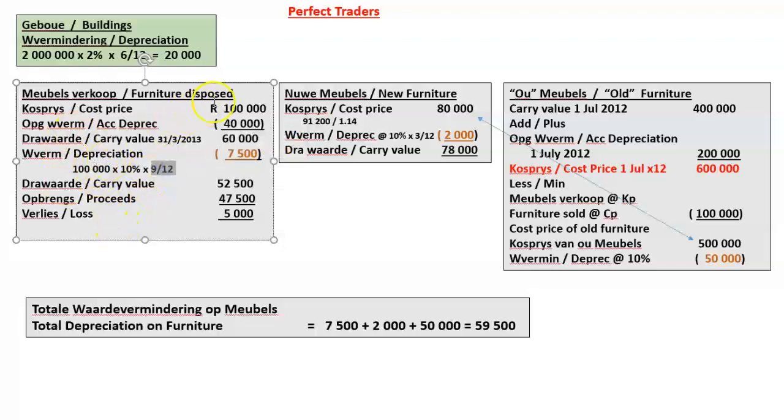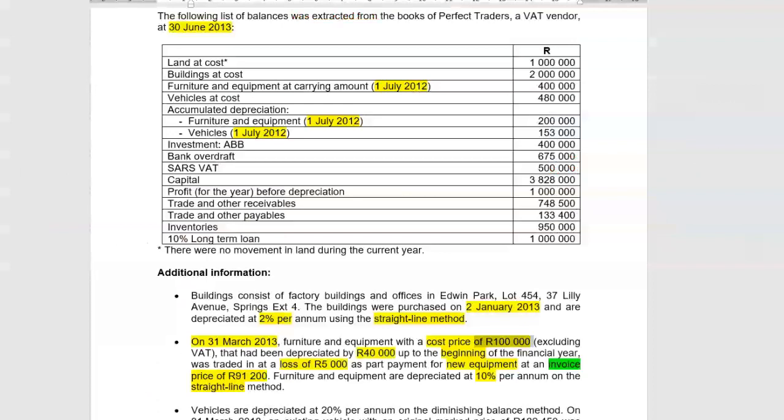So at 10% per annum straight line, it is going to be 10,000 rand, 100,000 times 10%, and for a 9-month period that gives us depreciation for the year of 7,500. So the carrying value of the asset at the date of disposal was 52,500. We made a loss on disposal of 5,000 rand.